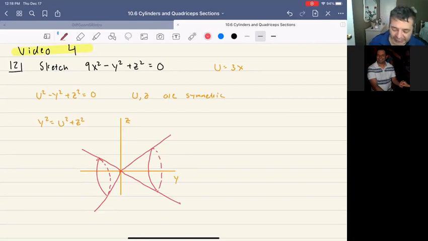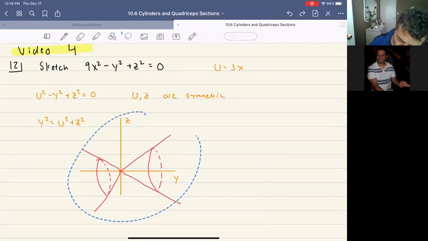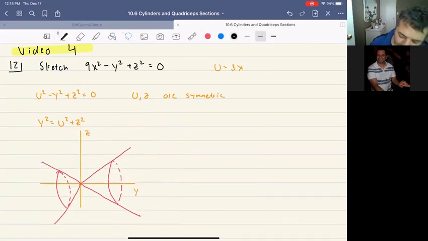So let's go ahead and now make it xyz. I'm going to basically do the same sort of thing. I'm going to go back to 9x squared minus y squared plus z squared equals 0.